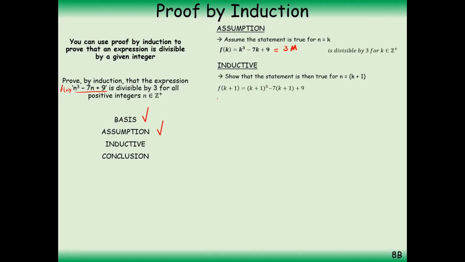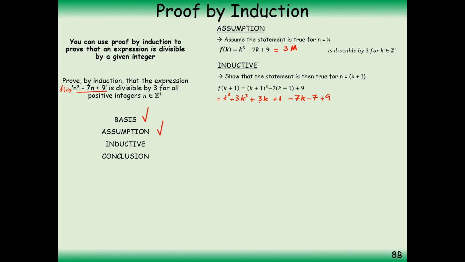So here you can say that k to the power of 3 plus 3 times k squared plus, well, there is a times by 1 there, but I'm not writing it, and also 3k. There's a 1 raised to the power of 2, which I'm not writing, and finally we'll have a plus 1. Then we'll have a negative 7k minus 7 plus 9.